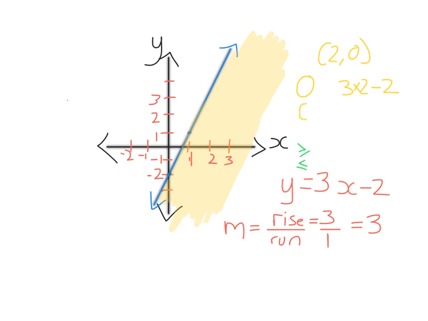So I have 0 and 3 times 2 minus 2, which is 4. Which symbol should I put between these two? Well, clearly 0 is less than 4, so I should put a less than sign. But because the line was a solid line, it would be less than or equal to. That's the symbol that needs to go through.